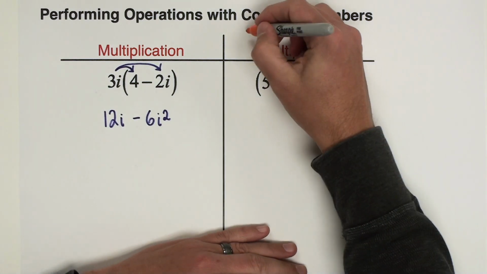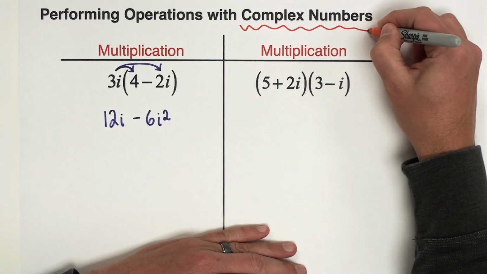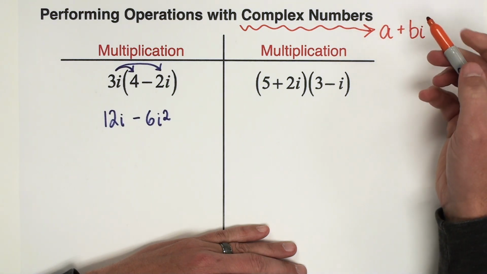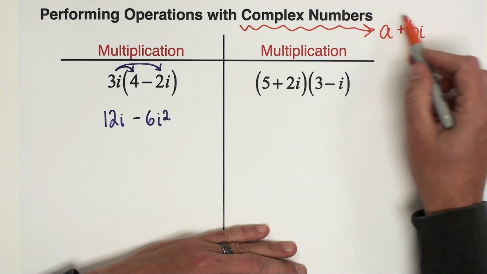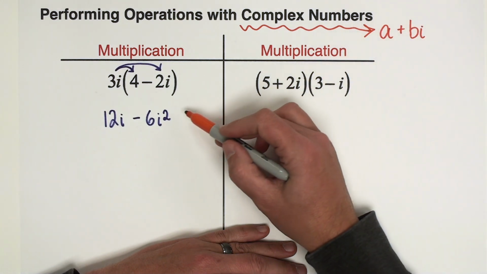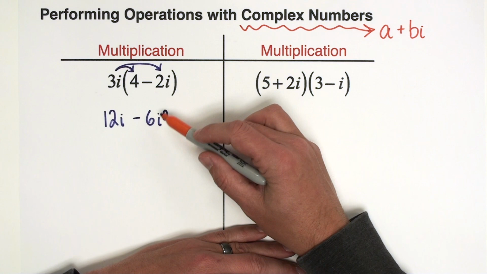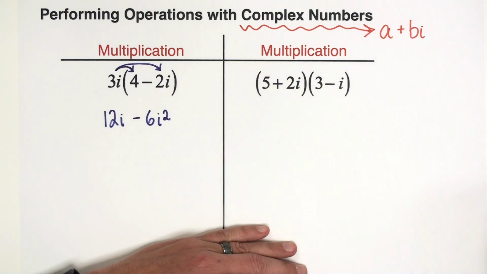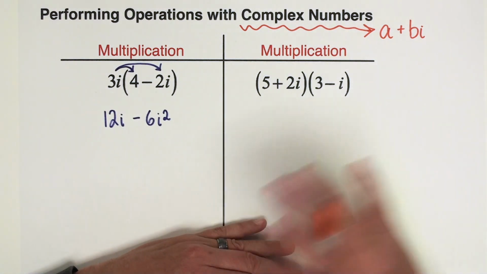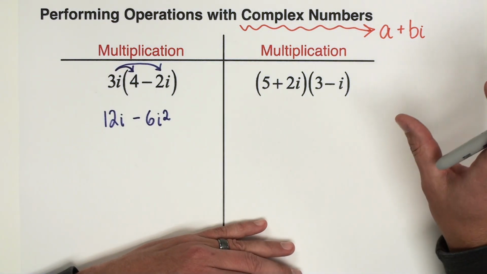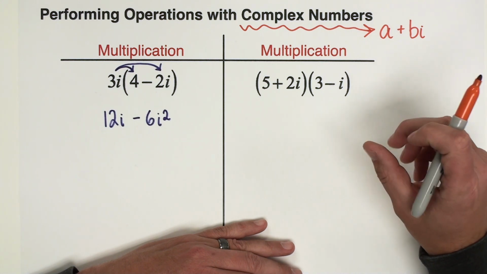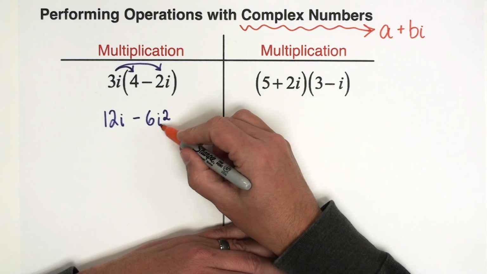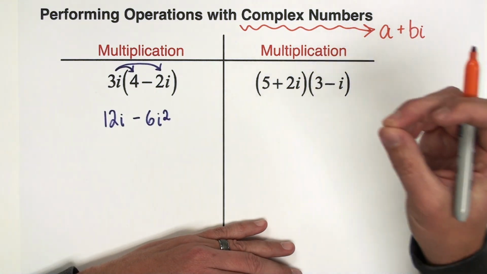Now, we are working with complex numbers, right? And a complex number is of the form a plus bi. Notice that this form of a complex number doesn't have i squared in it at all. So I have to get rid of the i squared. Now, what do we know about i squared? Back to the very beginning of this video, we created the imaginary numbers based on the property that we were squaring a number to give me a negative number, right?